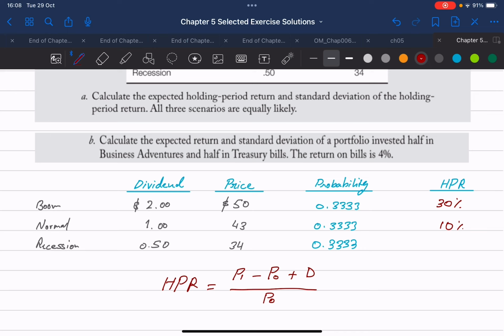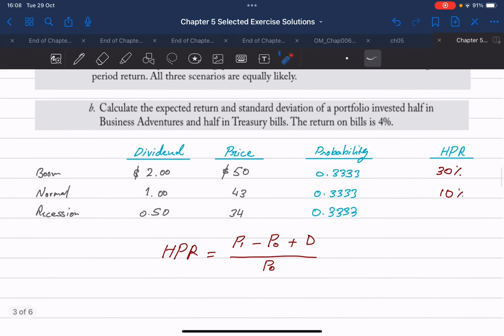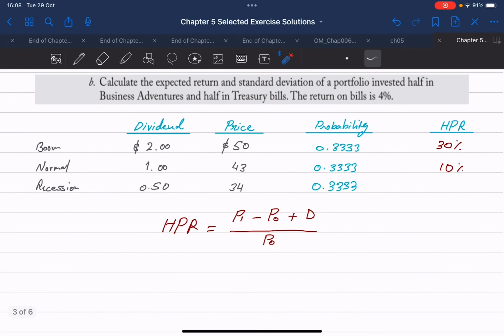And again, we'll do the same for the third scenario, which is in case of an economic recession. P1 is going to be $34. 34 minus P0 is still $40, of course, so minus 40, plus the dividend this time is going to be 50 cents.